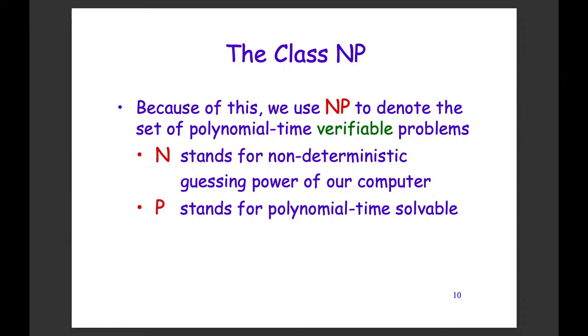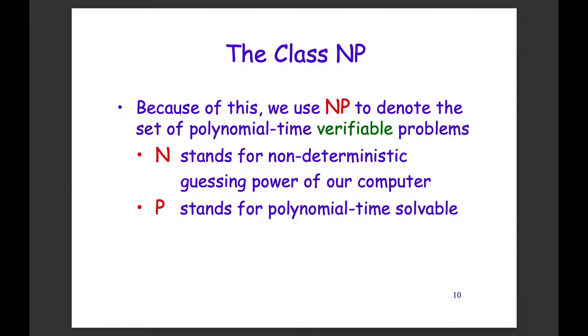But then imagine that our computer is now given some kind of guessing power. Somehow our computer can guess a solution, can guess a proof for a problem to be a yes problem. So in this problem, we will try to guess whether the answer is yes.